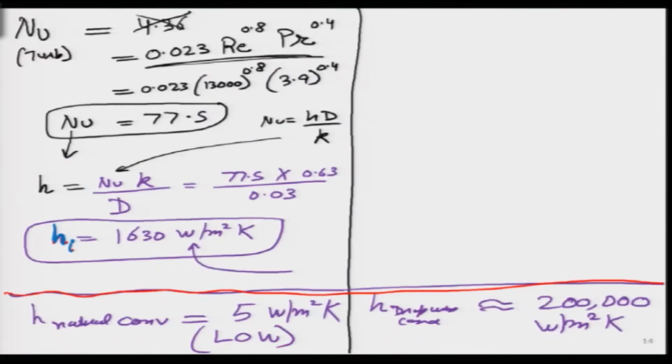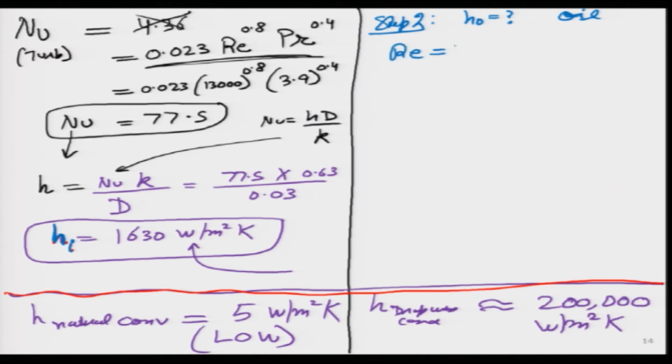Now, in the second step, step 2, we have to find h outer, which means we have to do calculations for oil. And for that, we have to do the same process all over again. We have to calculate the Reynolds number for oil.